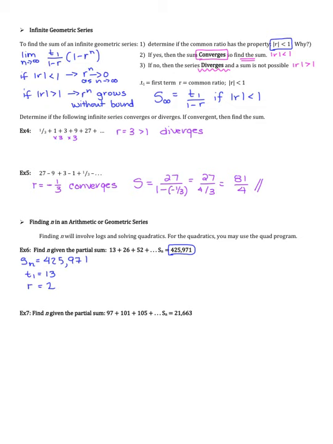Okay, well, that's interesting. What does that do for us? Let's put it into our formula and see what that does. We know S sub n is 425,971. Using our formula, we know T sub 1 is 13 over 1 minus 2.